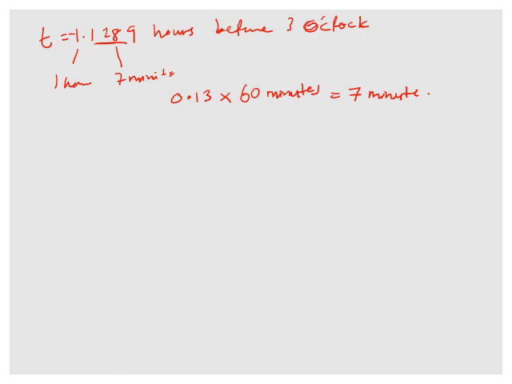So 3 o'clock minus 1 hour will be 2 o'clock, minus 7 minutes will be 1:53. That is the time of death.